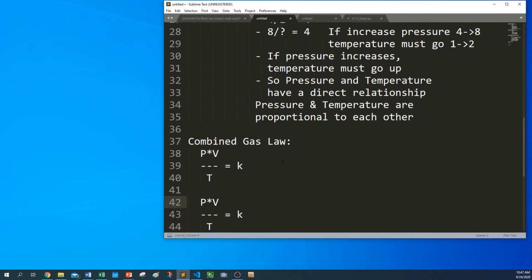You can also remember P1 times V1 divided by some T1 is equal to P2 times V2 divided by some T2. Because they're constant, they'll stay constant. So the before PVT is equal to the after PVT.